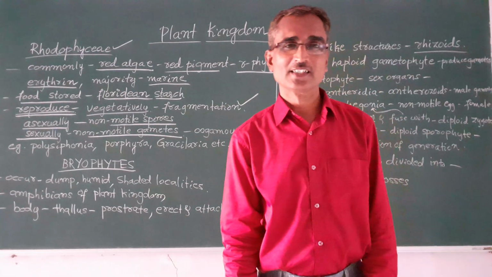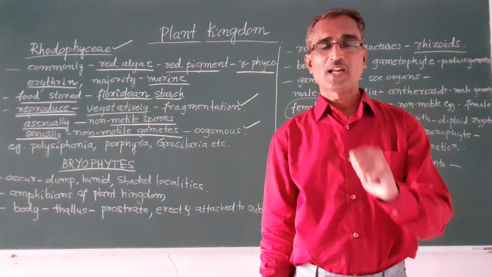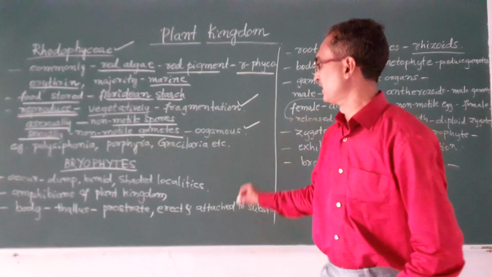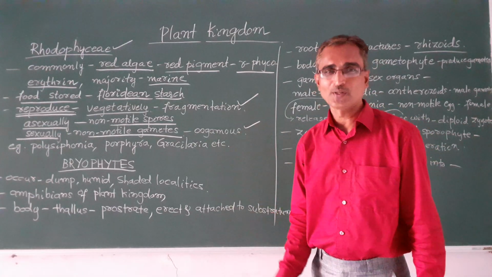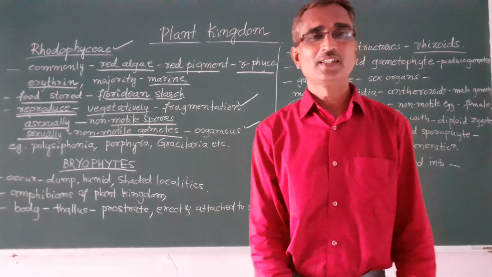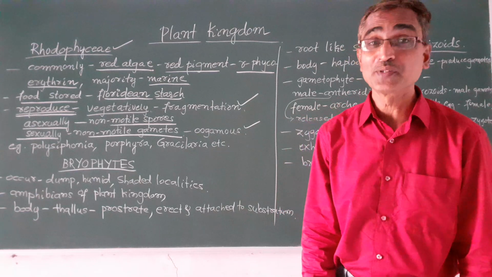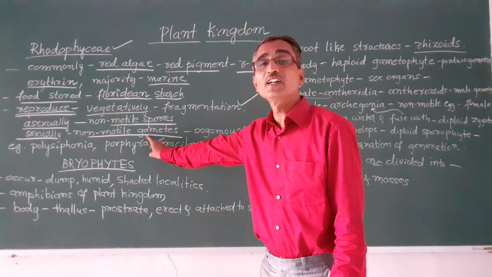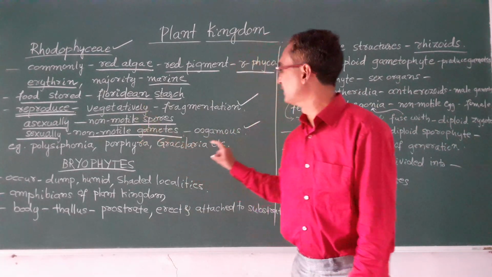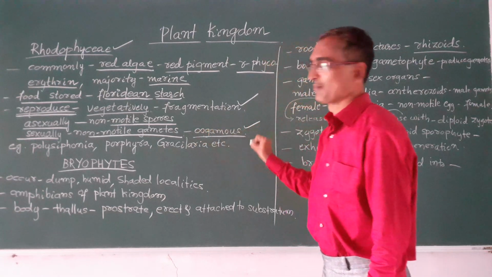We have already discussed isogamous, anisogamous, and oogamous. So Rhodophyceae reproduce sexually by producing non-motile gametes, and that too by oogamy.